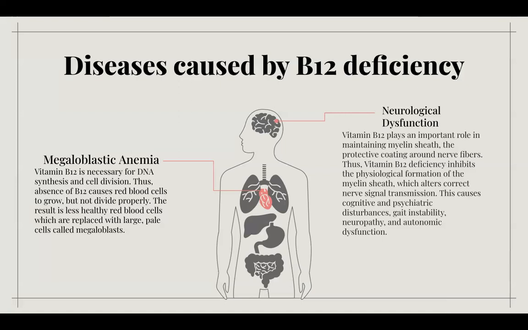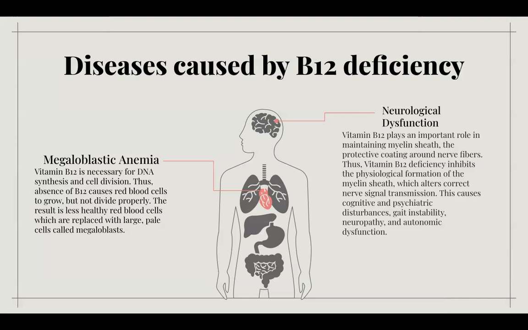The second disease caused by B12 deficiency is neurological dysfunction. Vitamin B12 plays an important role in maintaining myelin sheath, the protective coating around nerve fibers. If you think of a wire and you have all this electricity that's conducting through, the myelin sheath is the insulation, the rubber that's around the wire.